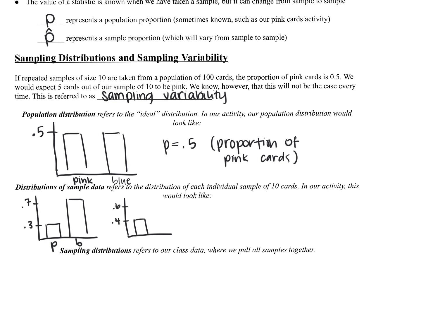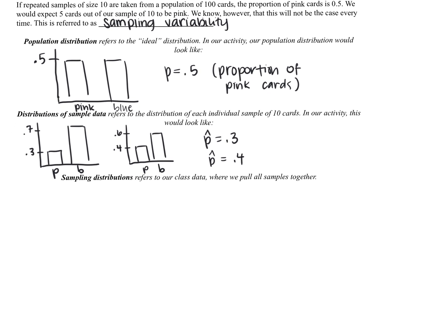So 0.4 were pink and 0.6 were blue. So each individual sample of 10 gets its own distribution. So we have different p hats. We have first a p hat of 0.3, and then a p hat of 0.4, and you could keep going and keep going. So lots of different sample distributions because it's based on each individual sample of 10.